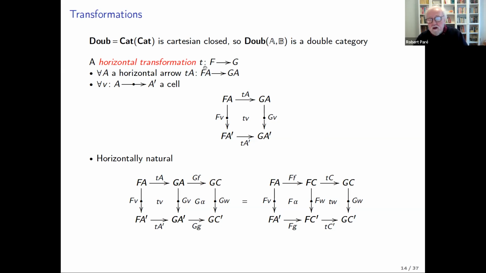You have horizontal transformation. So it looks a lot like a natural transformation, a horizontal transformation. For each object A, you give a horizontal arrow, and for each vertical arrow, you give a cell, T of V here. And these have to satisfy two conditions. So it's horizontally natural. So first of all, on the arrows here, it's just an ordinary natural transformation, but it's also natural on the cells. You have this condition here.